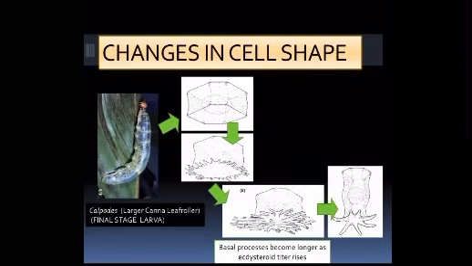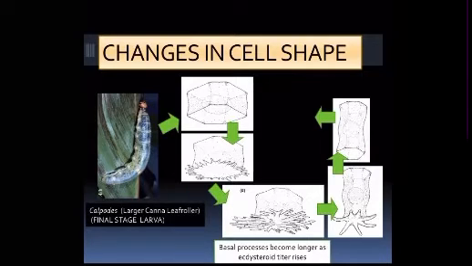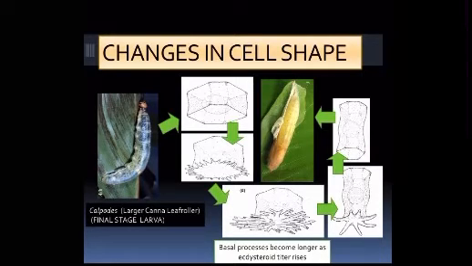Then these basal processes start shortening as pupation nears. You can also see the cells, which are first columnar in shape, then become squamous in shape, and then elongate to form columnar type of cells afterwards.